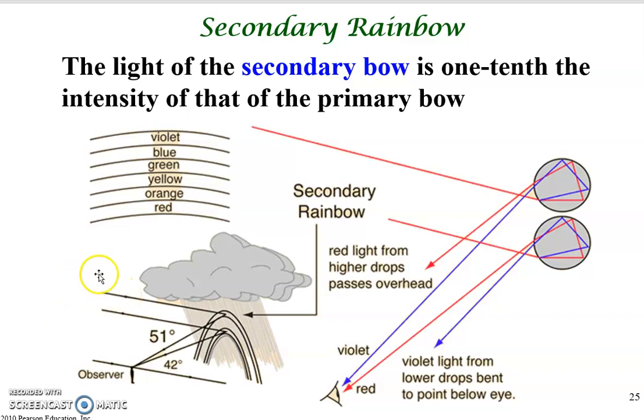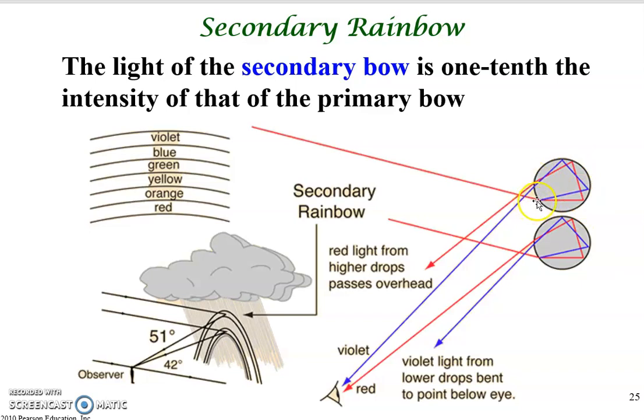So the same principle. Some light will enter into the water drop, so they will first be refracted. But now you will see that they have two reflections happening inside the water drop. So that's the reason the secondary rainbow is much weaker, because they have two reflections, so they will lose energy, and also two refractions.